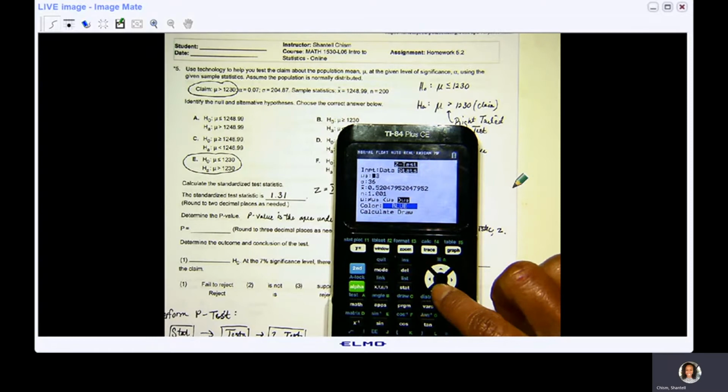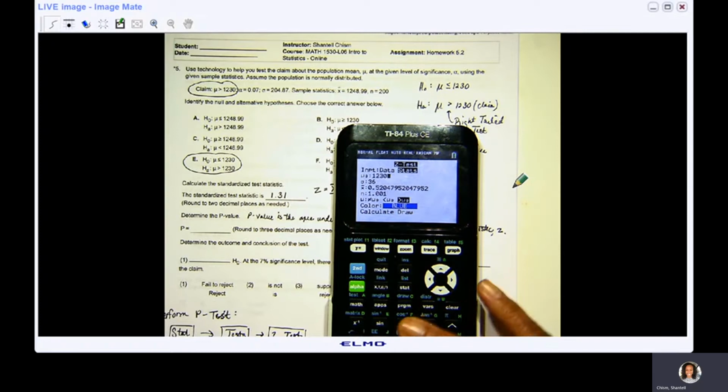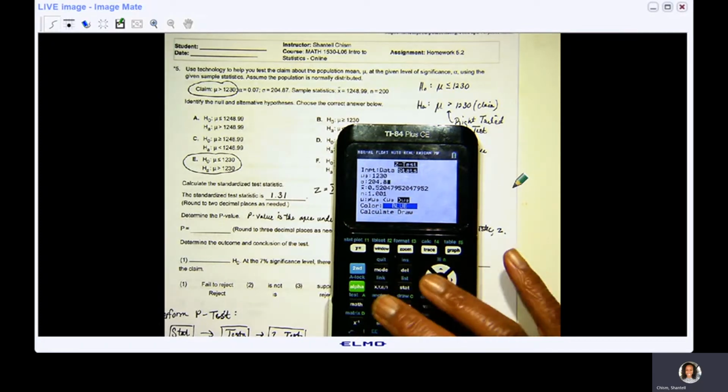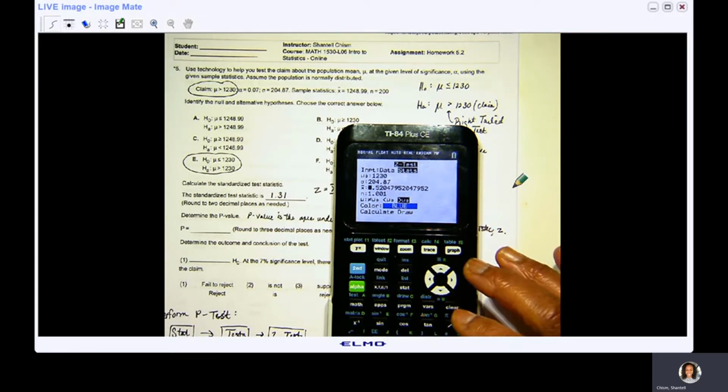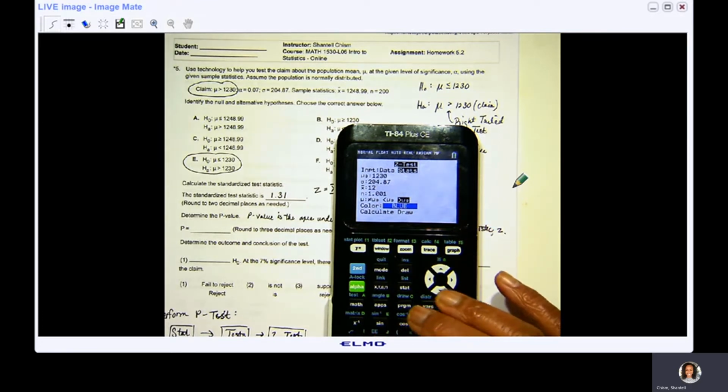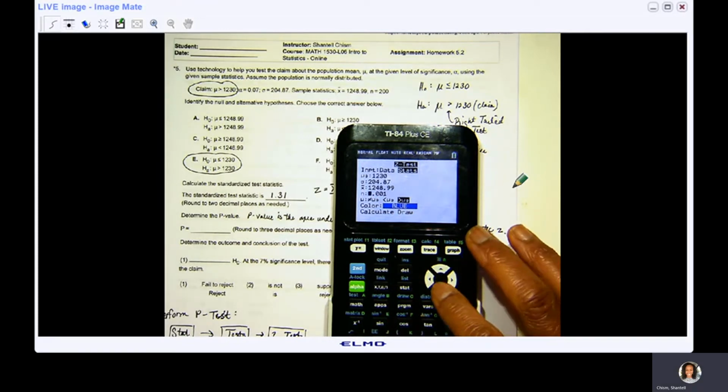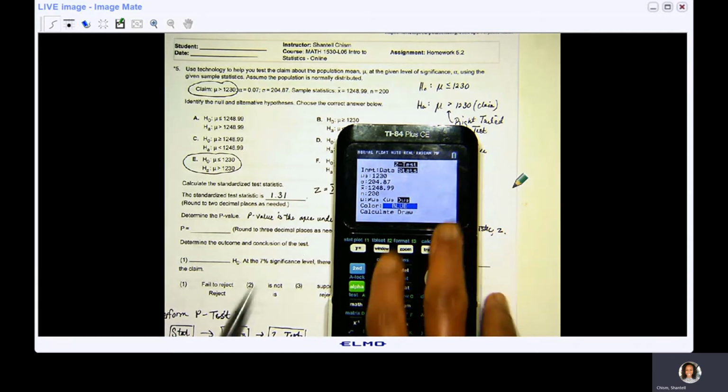Okay. So my mu is my claim value, that's 1230. My sigma value is 204.8787. My x bar value, my sample mean, is 1248.99. My n is 200. And what kind of test is this?